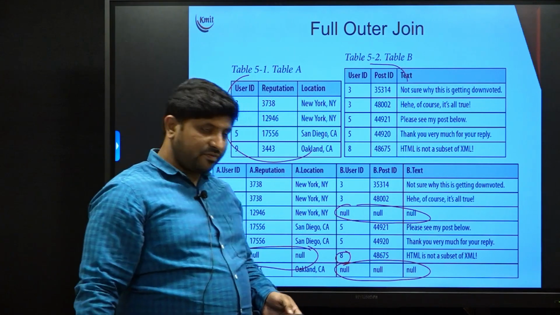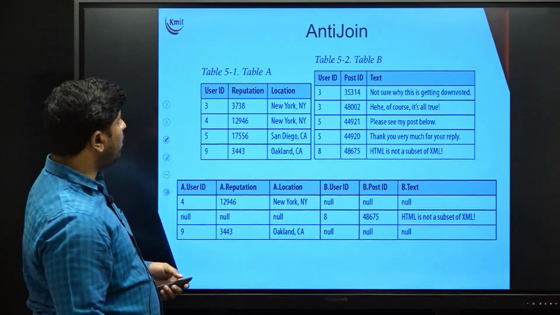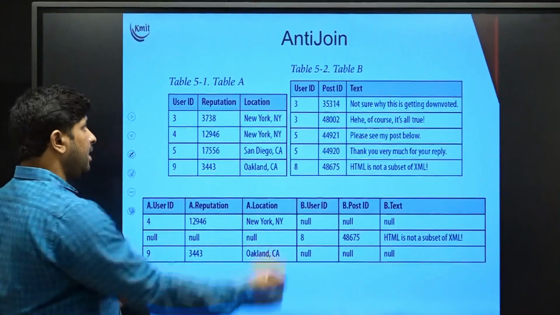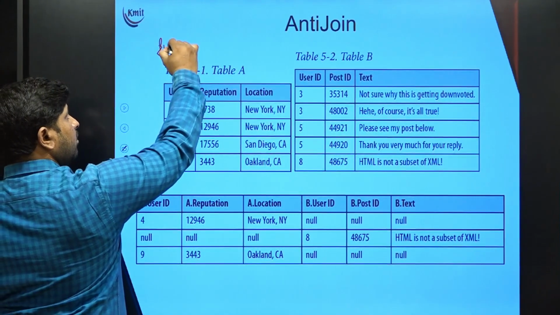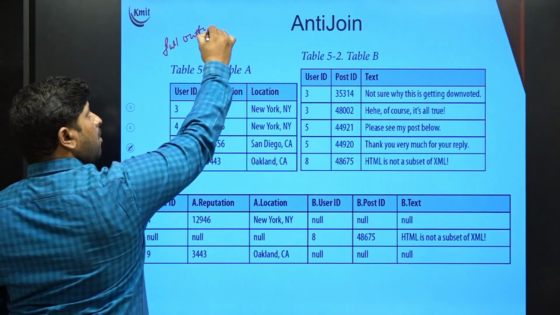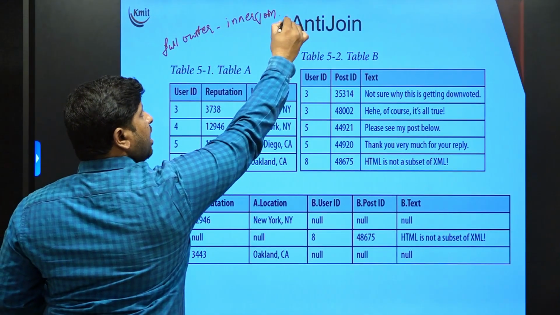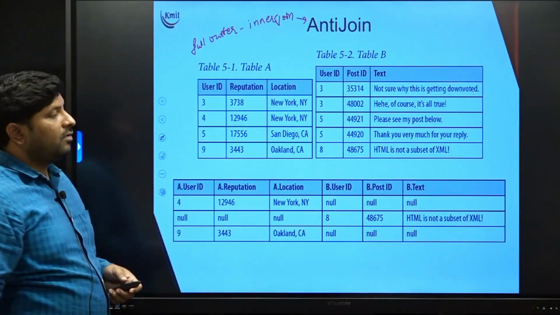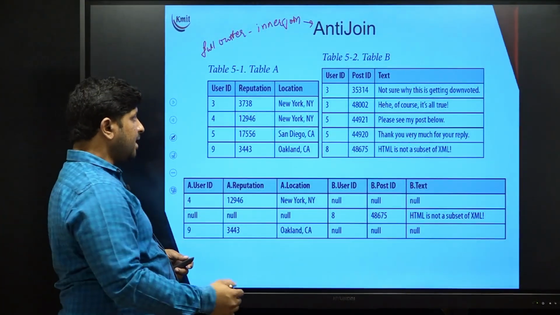After brushing up on all these joins, one more join we have is anti join. This is simply full outer minus inner join. What is anti join?